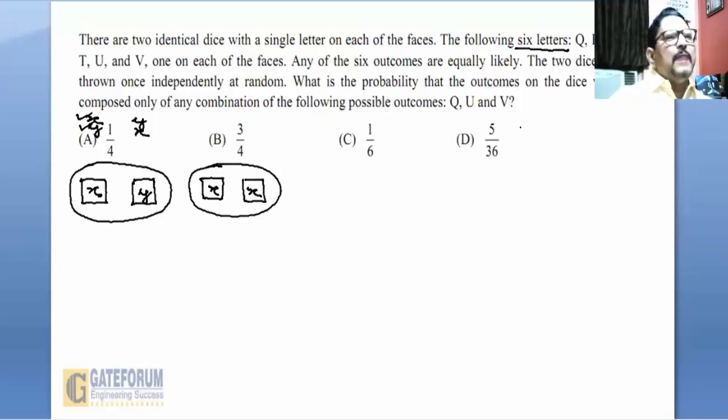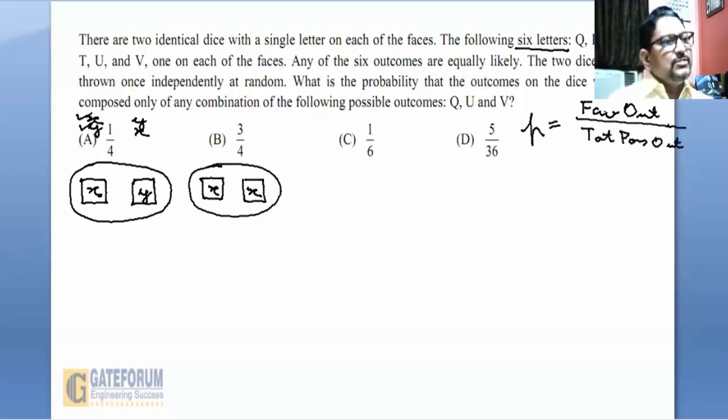Now, any probability is always nothing but a ratio of the favorable outcomes to the total possible number of outcomes, which is also known as the sample space. So let us find first what the total outcomes are.